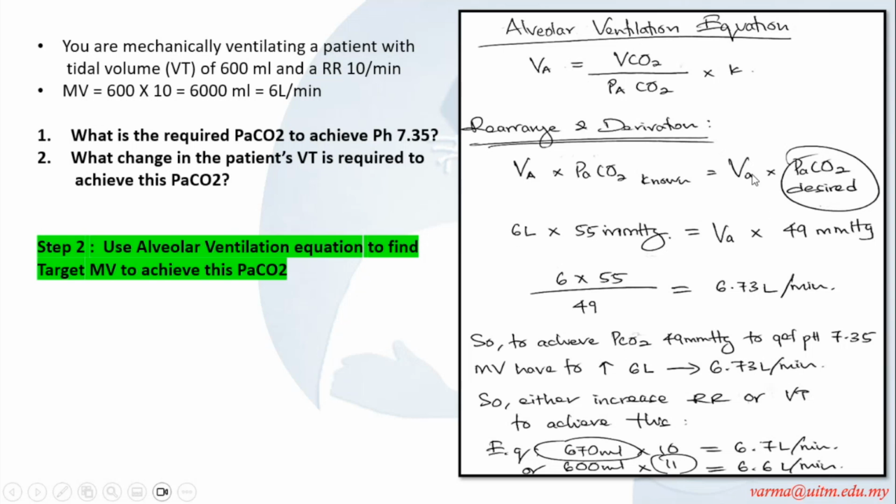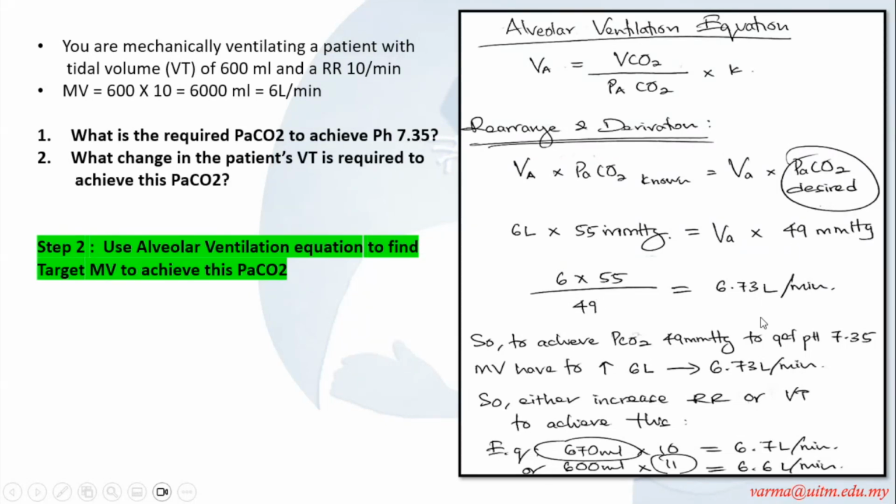We want to find out what ventilation we have to achieve to get the 49 millimeter mercury. So you rearrange it, 6 times 55 divided by 49, you get 6.73 liters per minute. It means you have to increase your minute ventilation from 6 liters to 6.73 liters, so you can achieve a PCO2 of 49 millimeter mercury, which will give you a pH of 7.35.